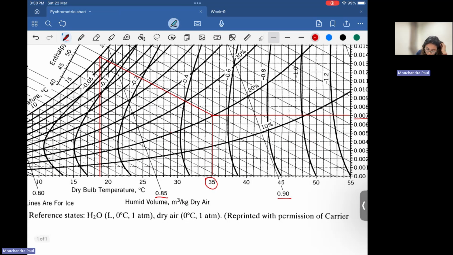So here there are 17 markings, if you remember. 1, 2, 3, 4, 5, 6, 7, 8, 9, 10, 11, 12, 13, 14, 15, 16, 17.